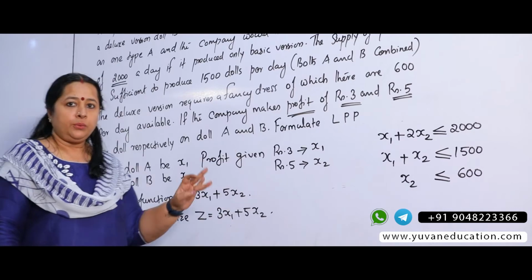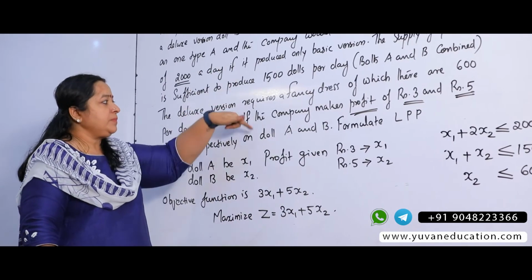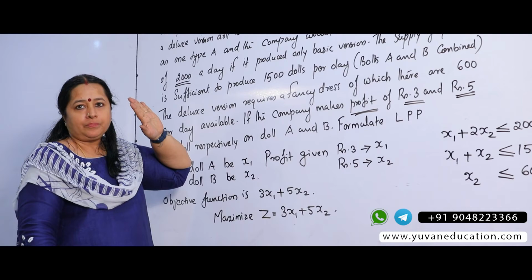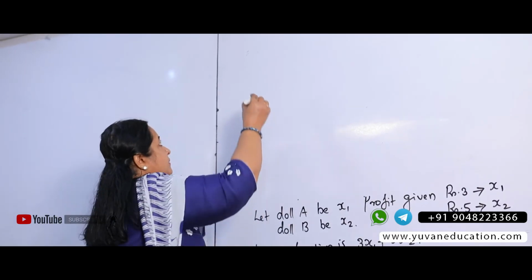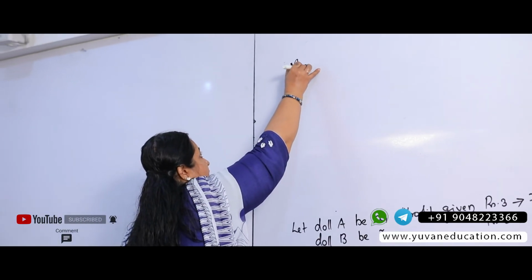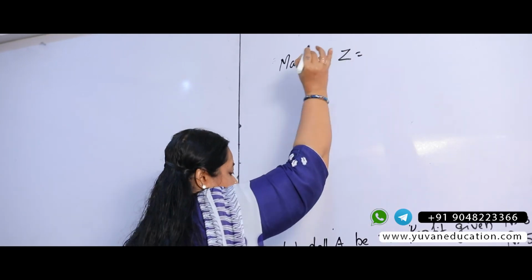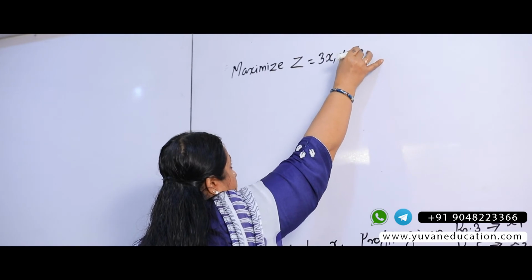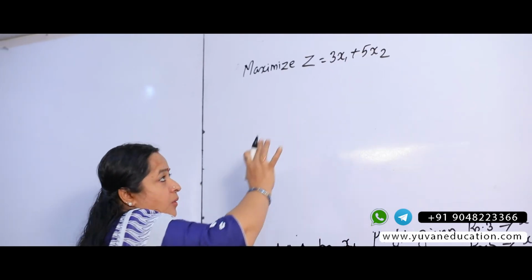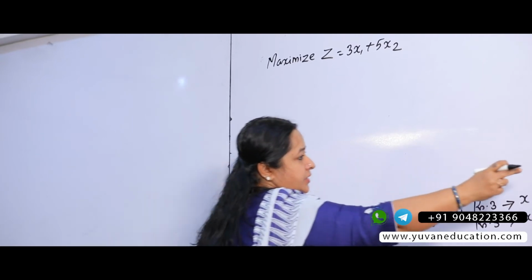That is, we are developing certain equations from this problem. Therefore, the LPP can be written as: maximize Z is equal to 3x1 plus 5x2. This is the objective function. Then, these are the three constraints.